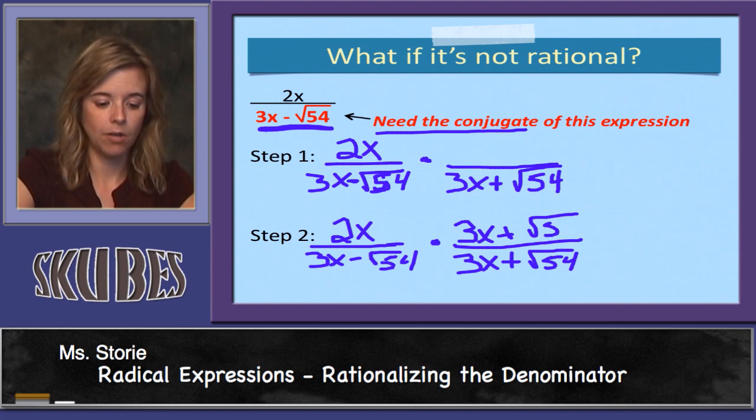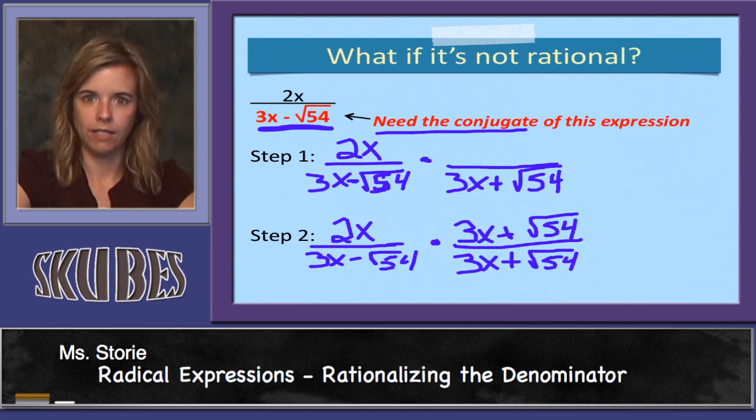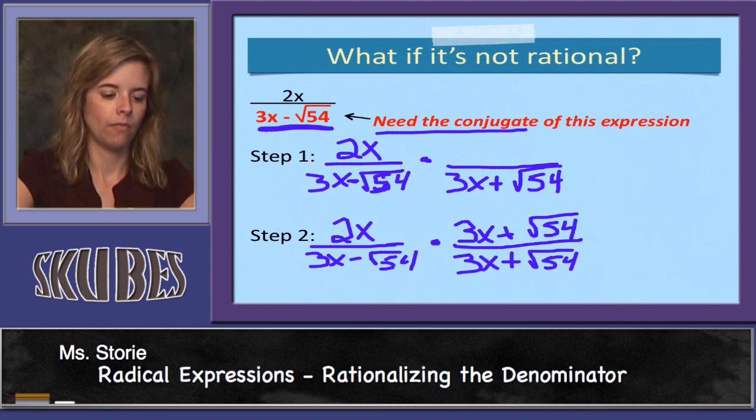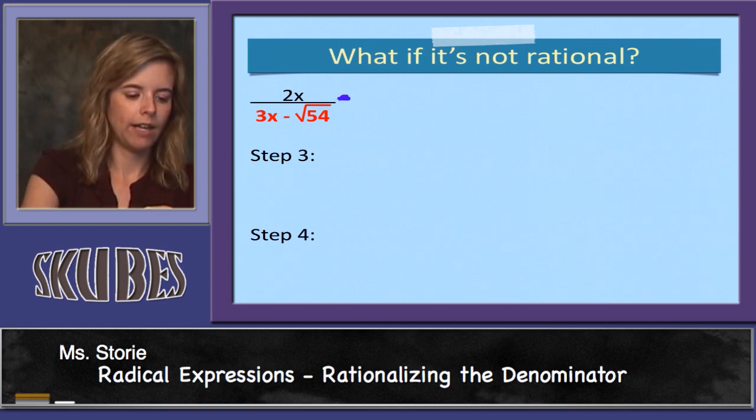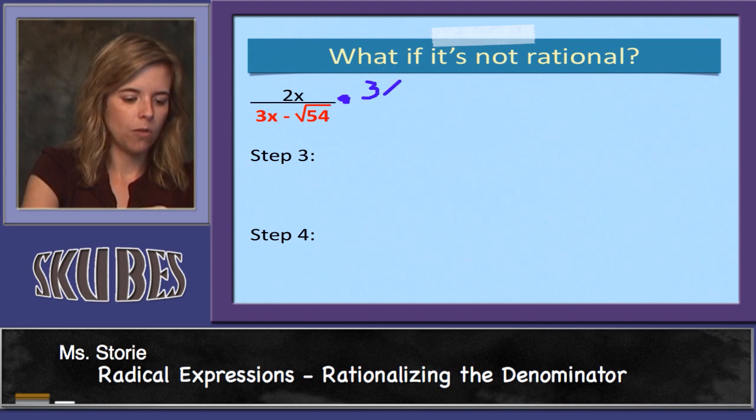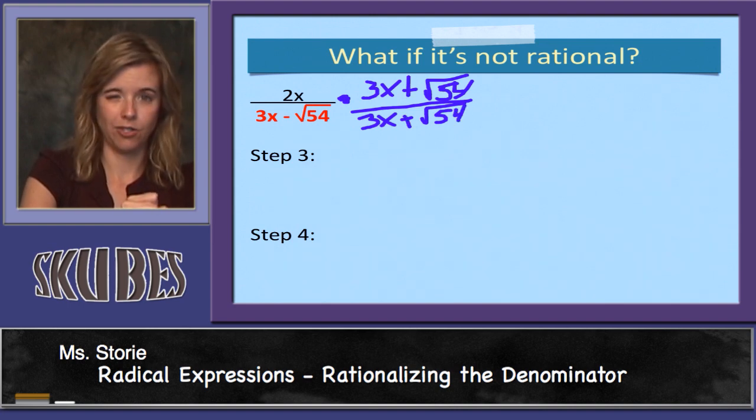The exact same conjugate gets multiplied by the denominator and the numerator. Okay, so we need to go ahead and multiply it out, or FOIL it out. We are multiplying both the top and the bottom by 3x plus radical 54, because we're using the conjugate: the same terms, flip the sign.